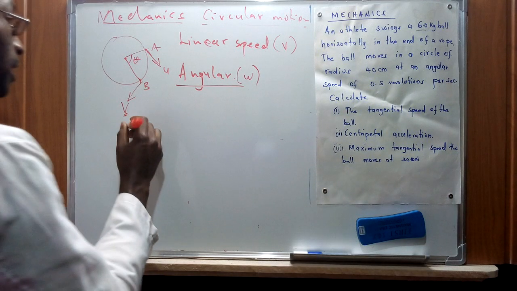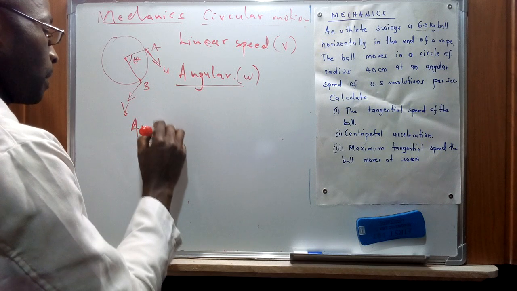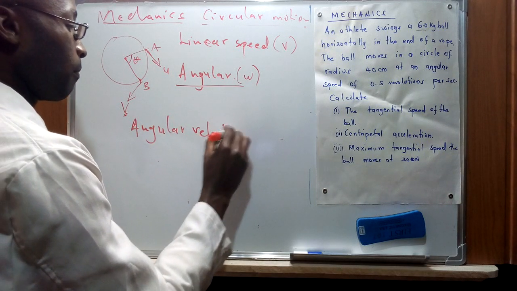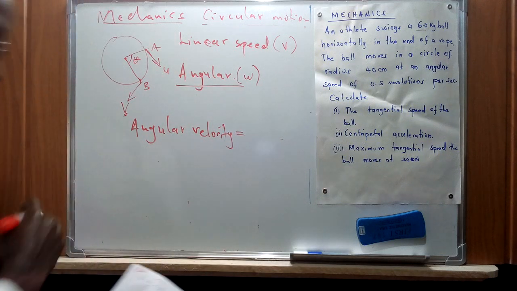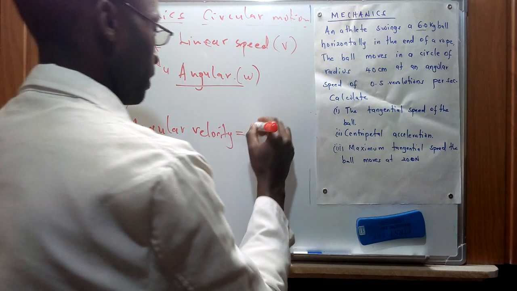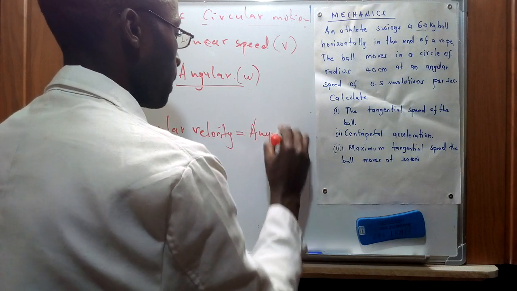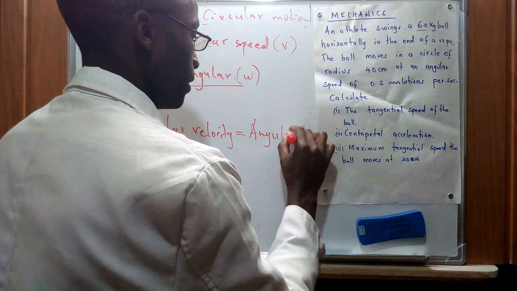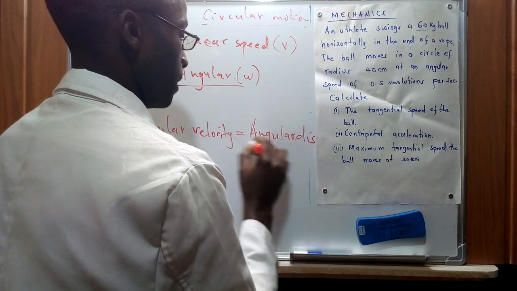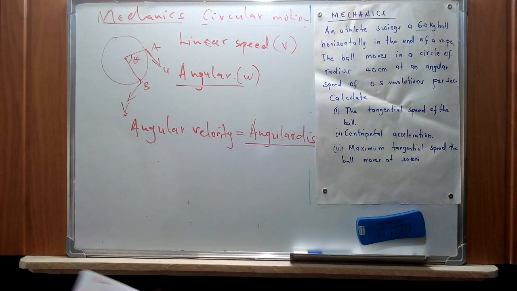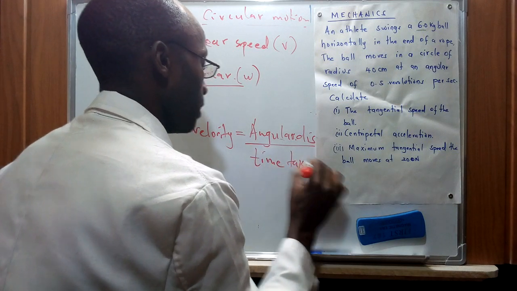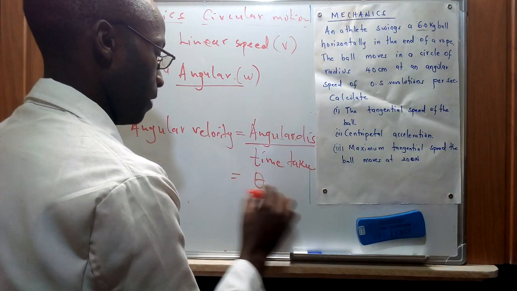So we can say that angular velocity will be given as angular displacement, which we said is theta, all over the time taken. So this is denoted as theta over t.